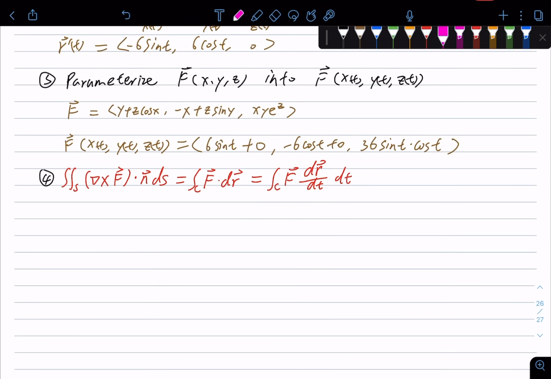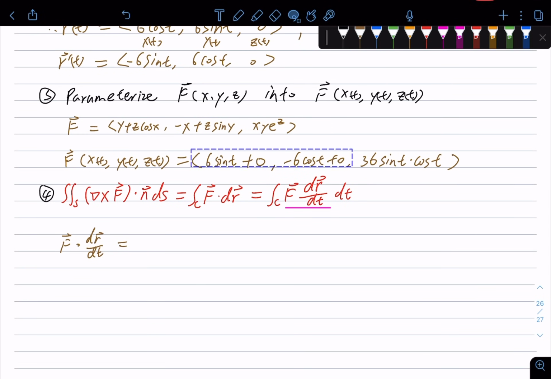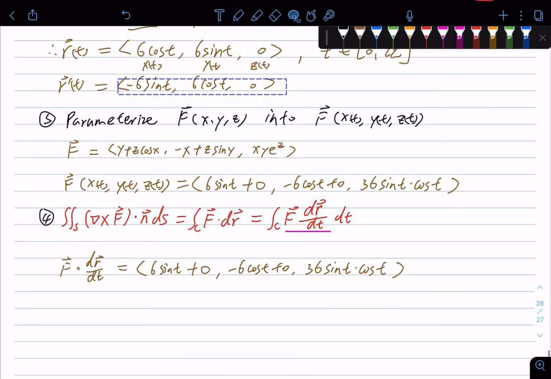Okay, so this part. All right, so f dot dr dt equals this thing dotted with this thing.